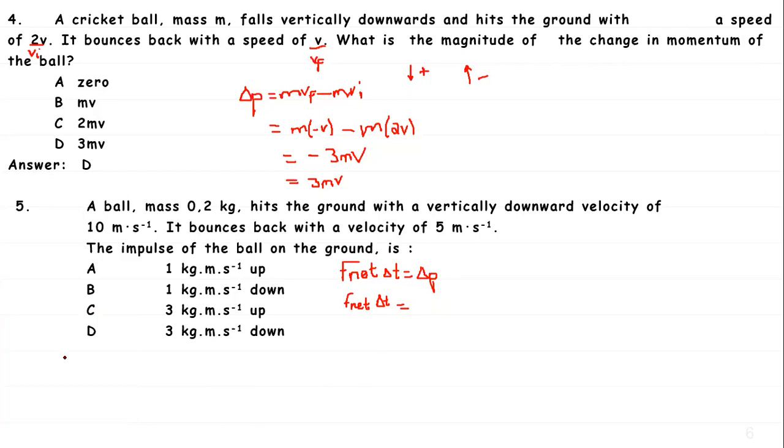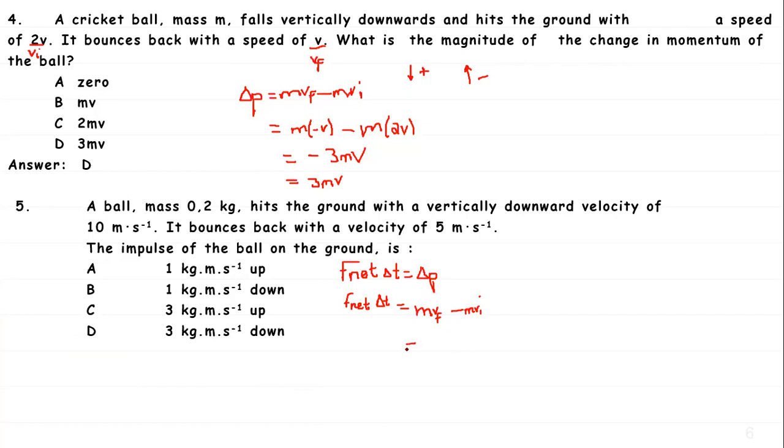It will give you mvf minus mvi. Now, how do you know that it gives you mvf minus mvi? Because when you go to your formula sheet, you will see that there is a formula that says delta P is equal to mvf minus mvi.